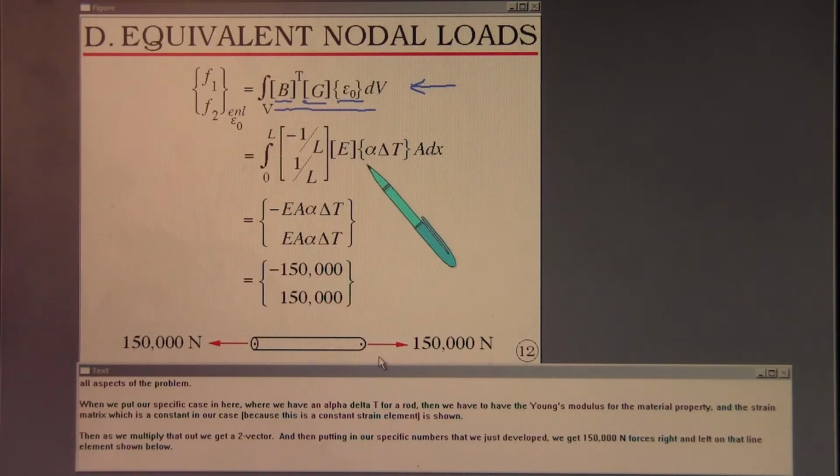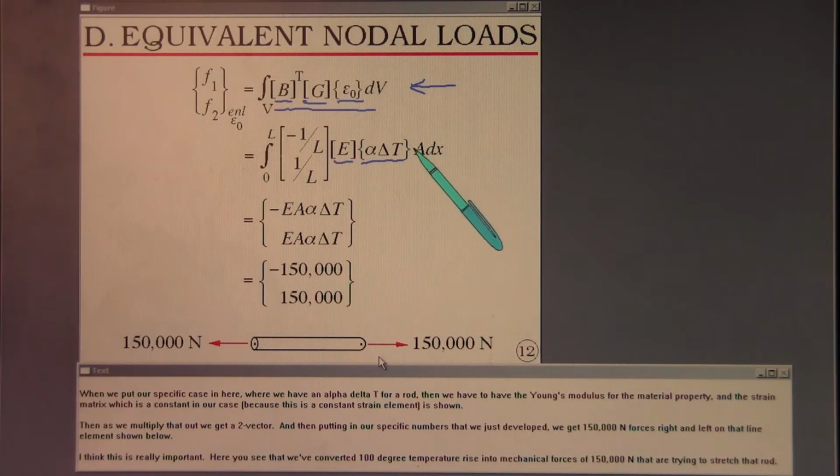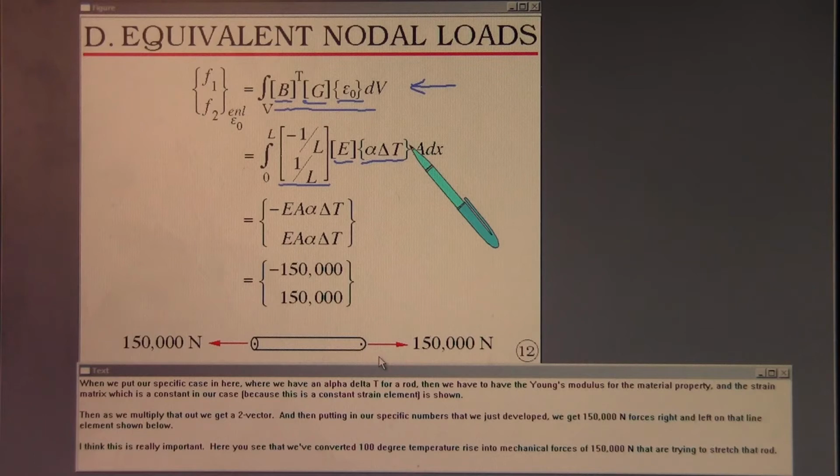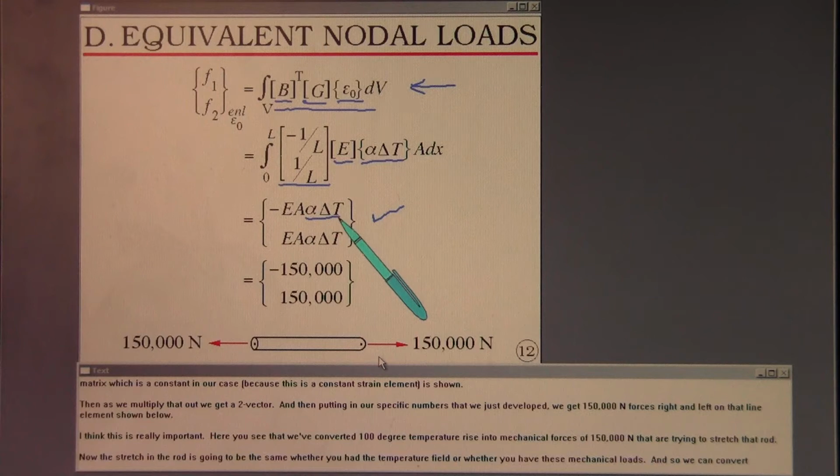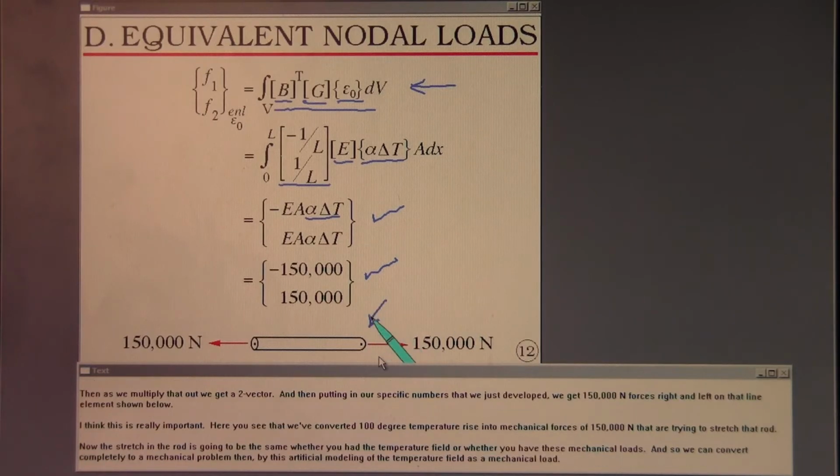When we put our specific case in here where we have an alpha delta T for a rod, then we have to have the Young's modulus for the material property, and the strain matrix, which is a constant in our case because this is a constant strain element, is shown. Then as we multiply that out, we get a 2 vector, and then putting in our specific numbers that we just developed, we get 150,000 Newton forces right and left on that line element shown below.